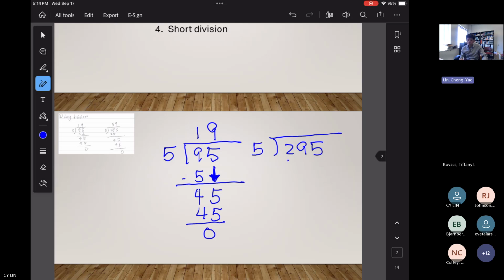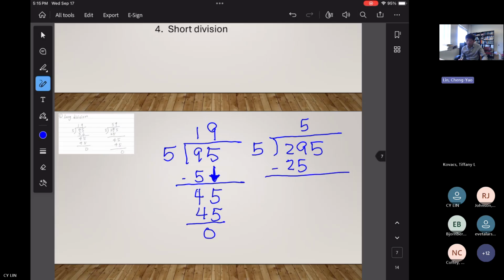2 is not divisible by 5, but we're going to move to the next place value. So therefore 29, okay, we take 29. So what's the number close to 29? So 5 times 5 would be 25, which is close to 29.